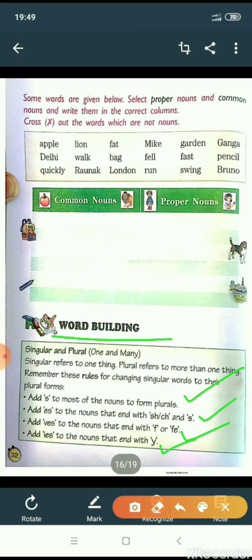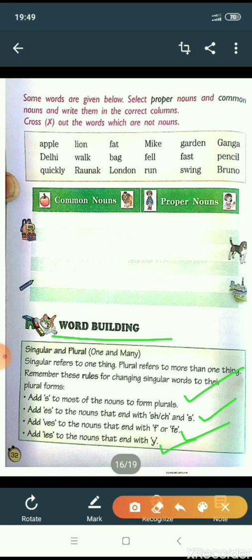Children, this is also not complete. Let me explain this. We have to remove y and add ies to the words ending with y. But we have to check that if the letter before y is a vowel, then y will not be removed. For example, monkey. Here, the letter before y is e, and e is a vowel. So, we will not remove y and we will simply add s to make its plural.